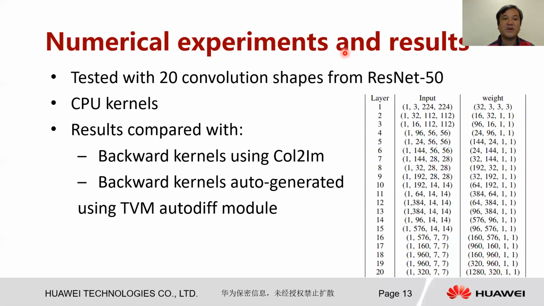And the results are compared with the backward kernels using the classical way, which means calls to image-to-col and matrix multiplications. We also compare with backward kernels auto-generated using the TVM AutoDiff module. The shapes of the convolutions are listed in the table.